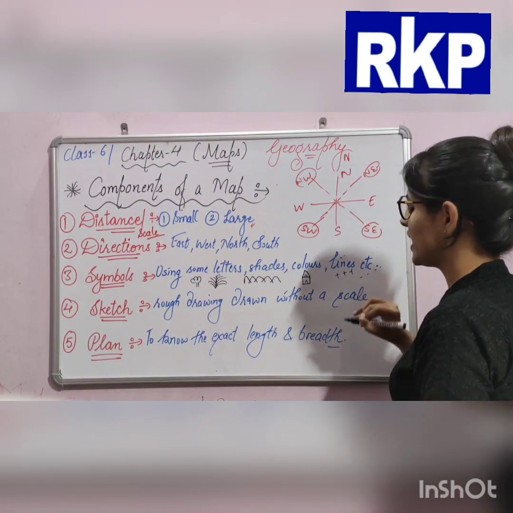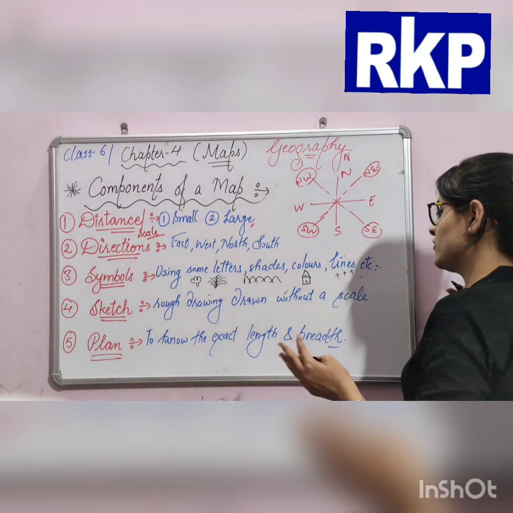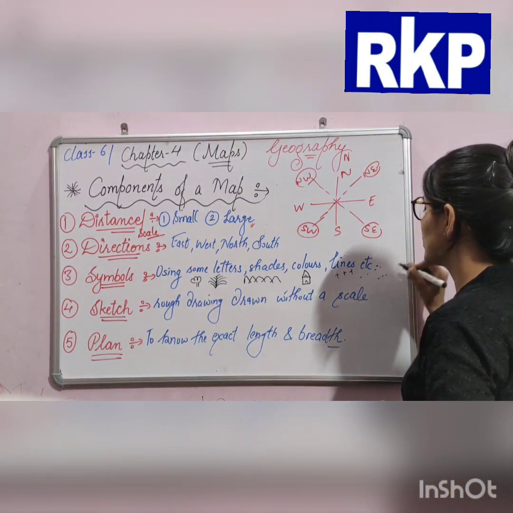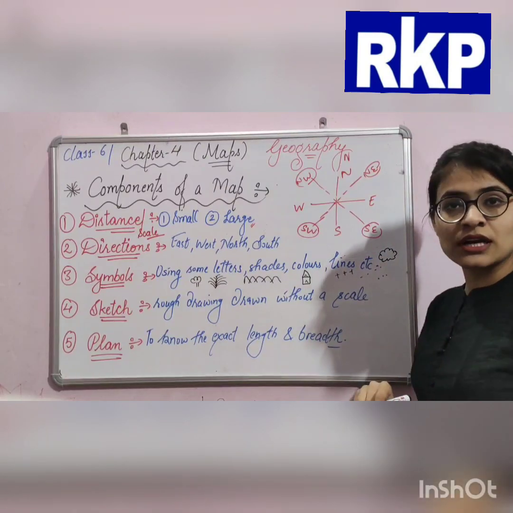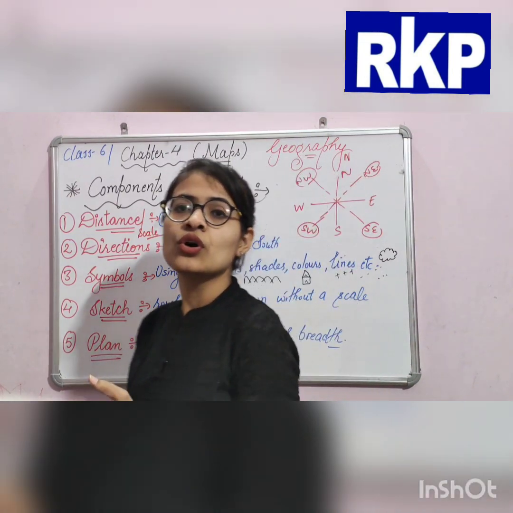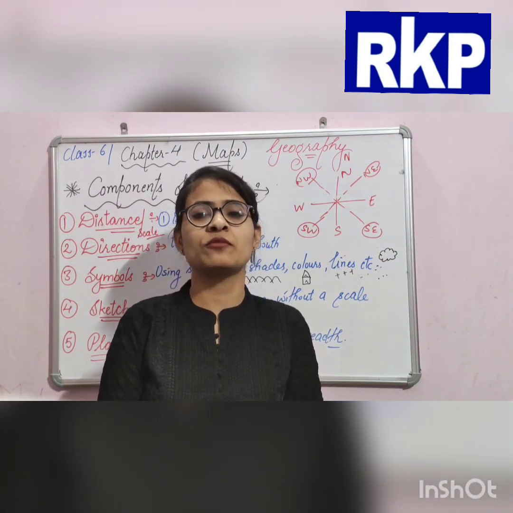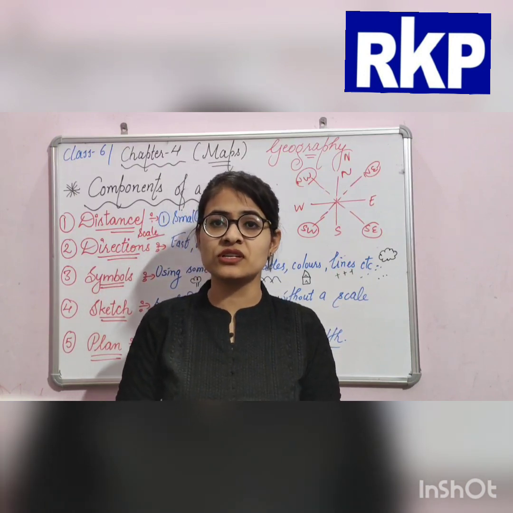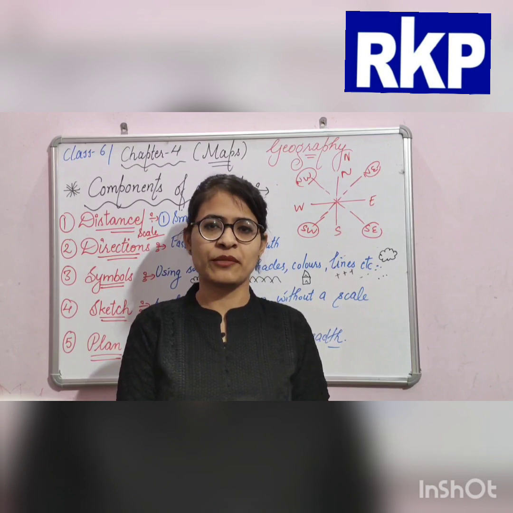We can use another sign for wheat, another sign for mountains, another sign for clouds. It means whatever we want to show on the map, we can make use of some symbols to show it.